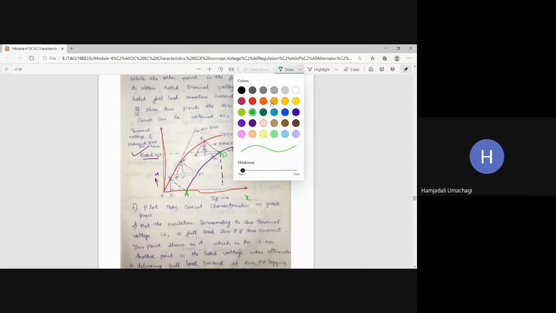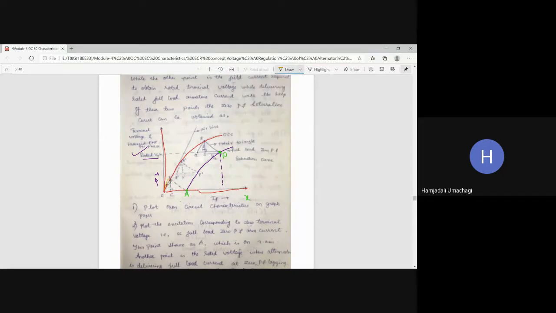Tangent means you just connect to the curve with a line. Take a scale and draw the tangent to the OCC starting from the origin, and this we call the air line. Is it clear? Step number 3 is to draw the tangent to the OCC from the origin and call this the air line.